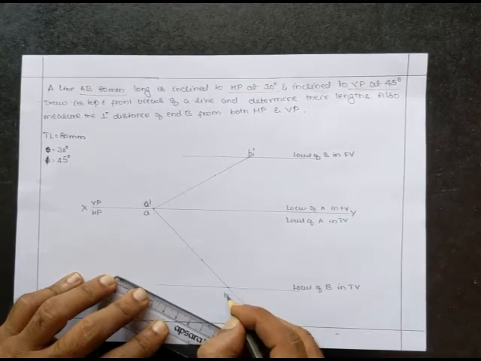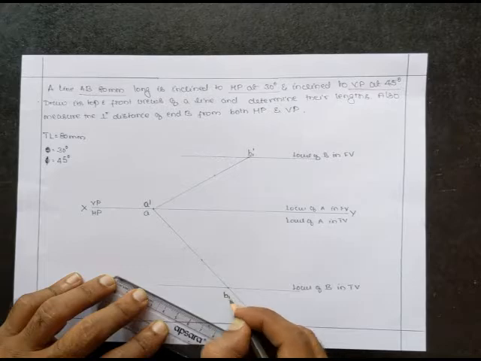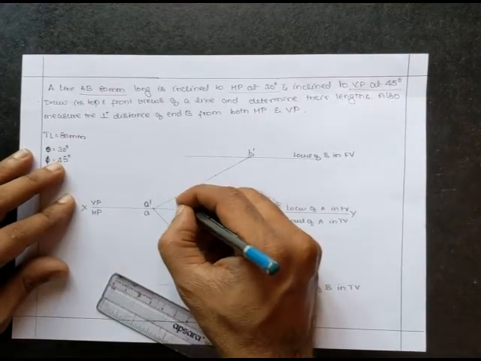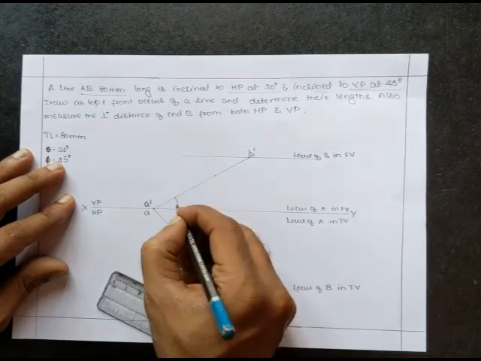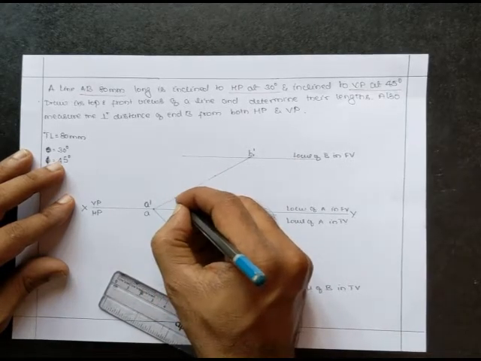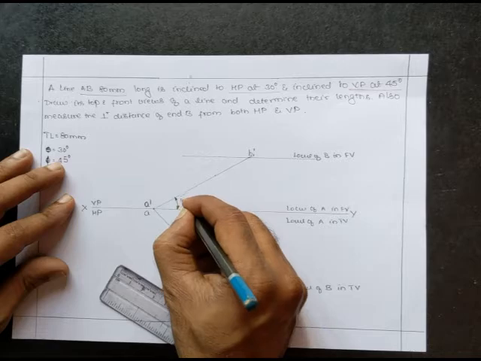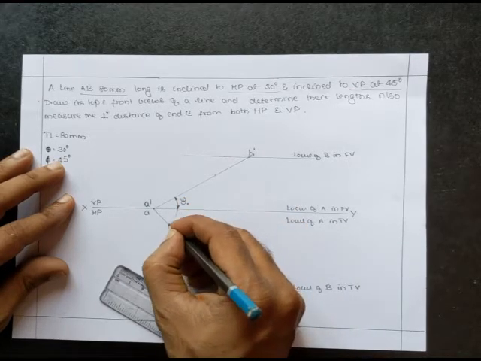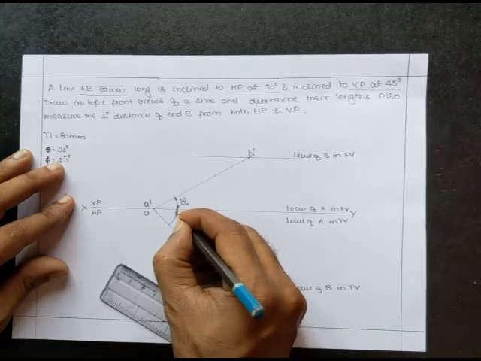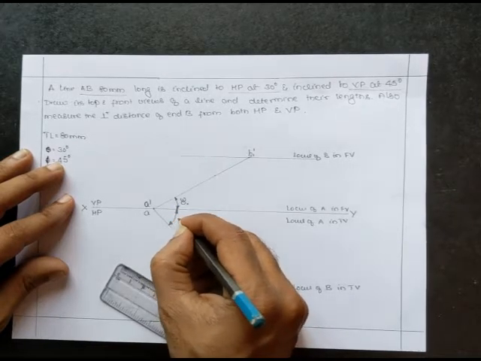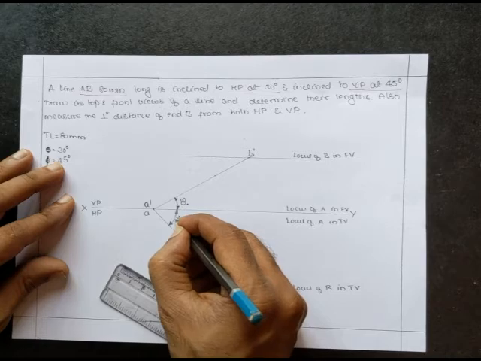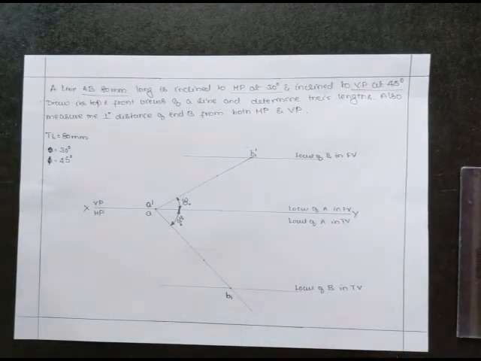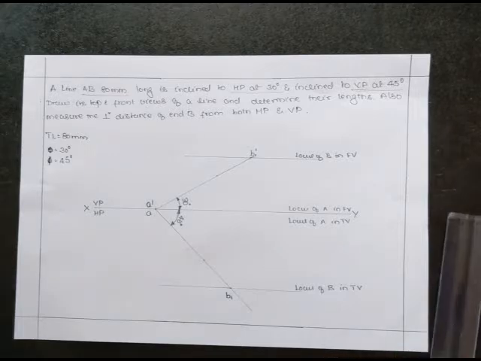So let this be B1, this is B1. So let me draw the angular dimension. 30 degree. So here it is 45 degree.